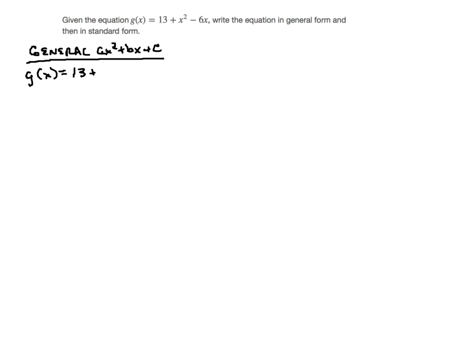And we start with g of x equal to 13 plus x squared minus 6x. We just need to rearrange the terms here. There's really no work to write it in general form. G of x equal to x squared minus 6x plus 13. That's it. You just have to have it as ax squared plus bx plus c.